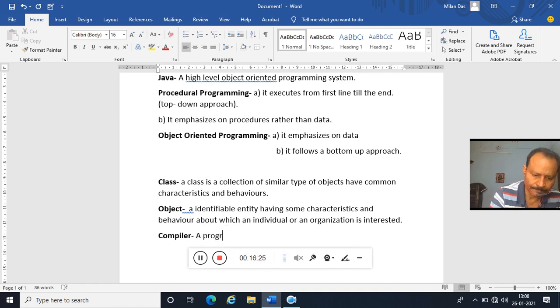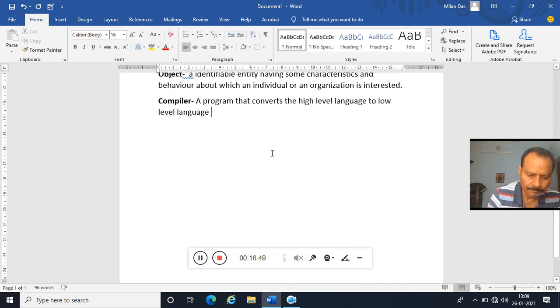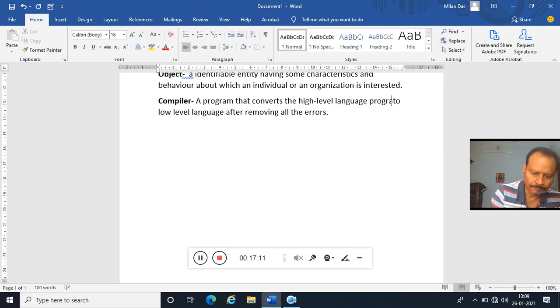A compiler is a program that converts a high-level language program to low-level language after removing all the errors.